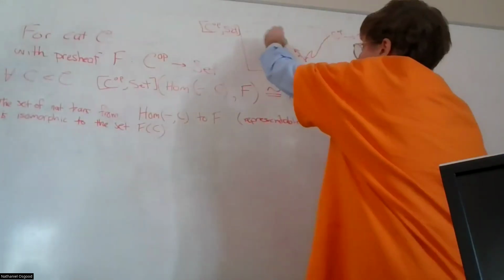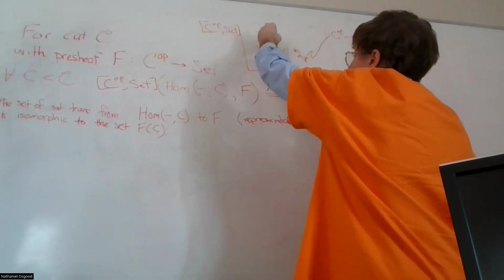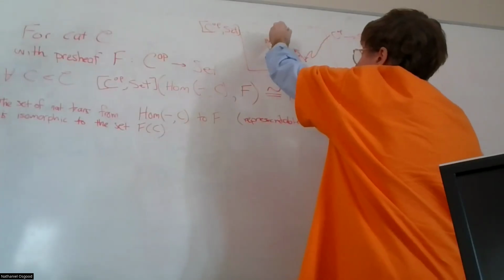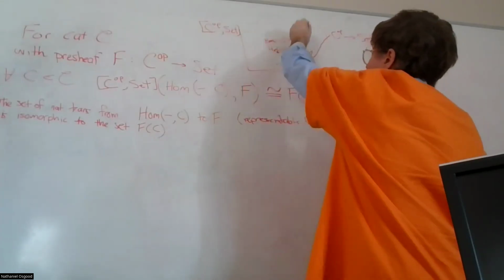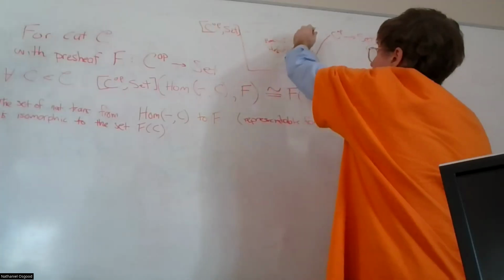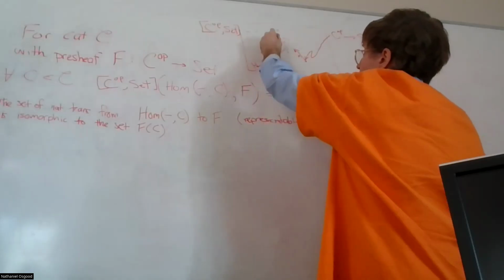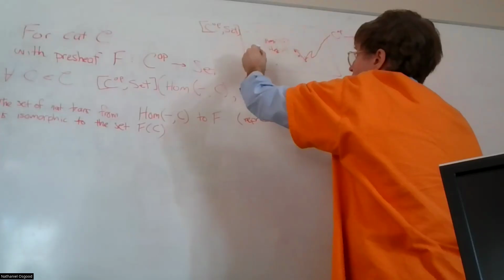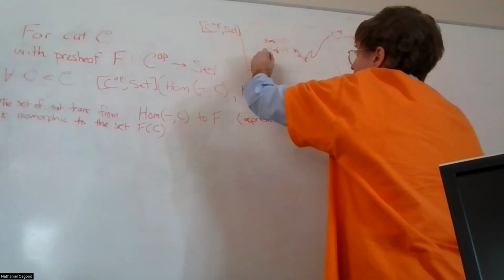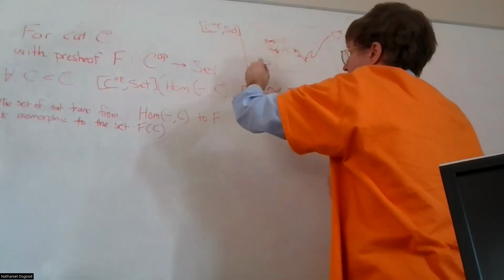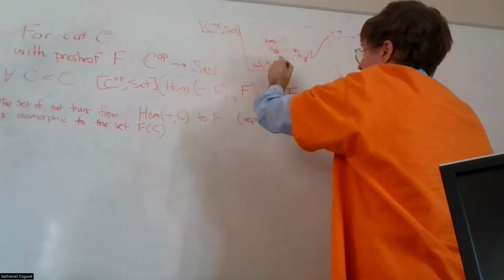So there's one of these guys for C1, this is another one for C2, maybe this is another one for some other object in the category C, by extension C op. I'll write it hom and C. By the way, instead of writing it hom and C, maybe that's kind of old school.